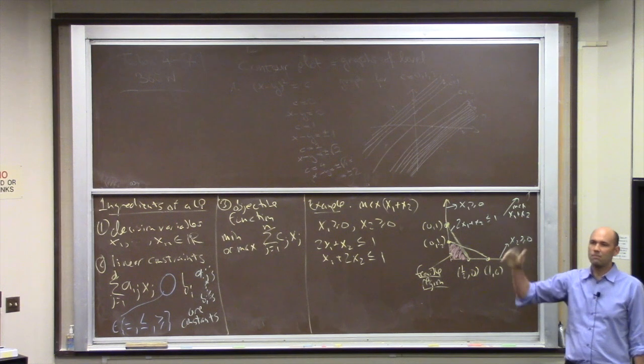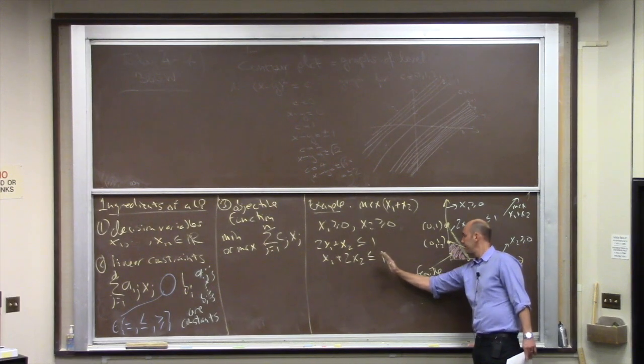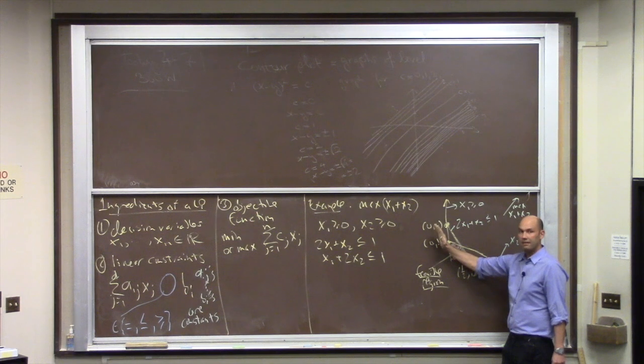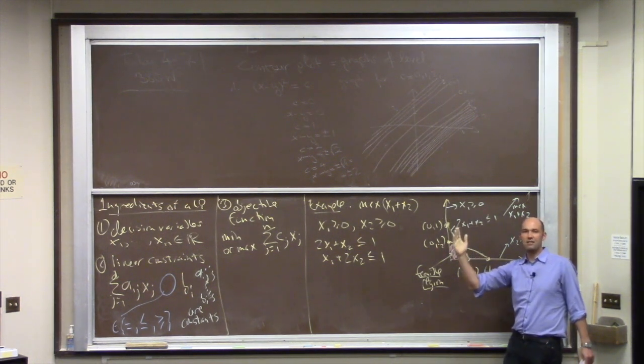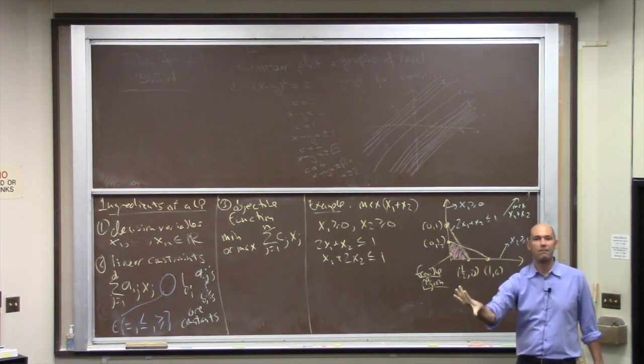Just imagine in your mind that you do kind of a sweep line algorithm. You start a 45-degree line way down here, and you just move it to the right. At some point you're going to hit the feasible region, passing through it. And then just at the point that you're about to have no intersection at all with the feasible region, you pause, you stop.